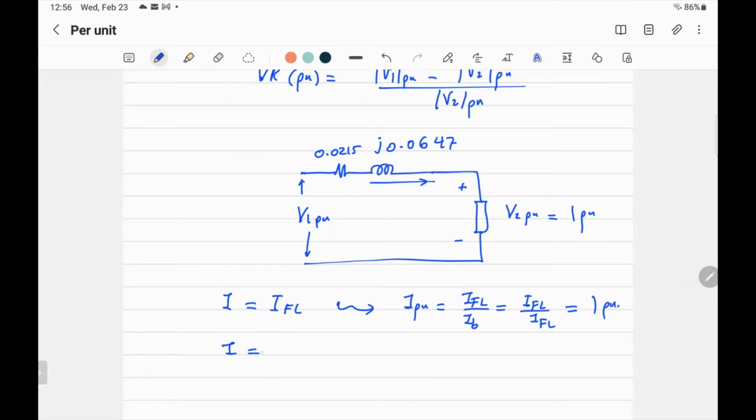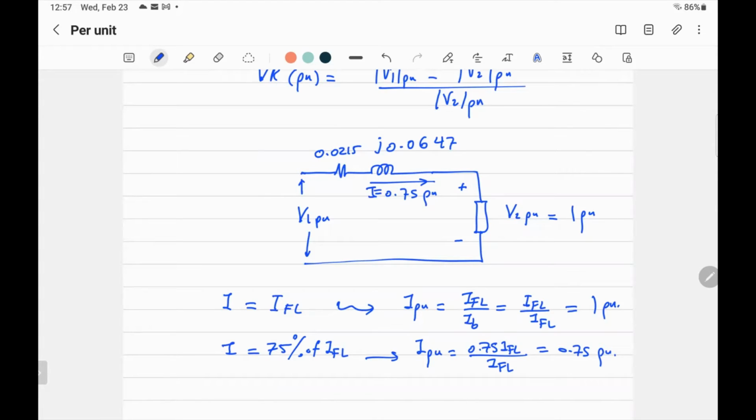What if the current is 75% of the full load? Then I per unit is 0.75 I full load divided by I full load, which is 0.75 per unit. I1 or I2, it doesn't matter. Both are the same.